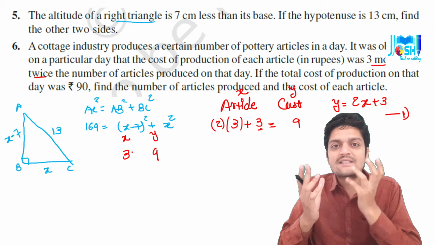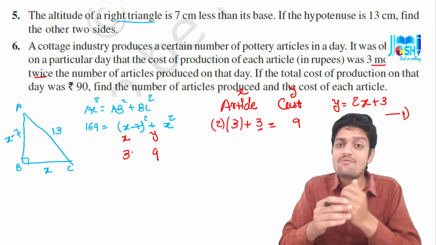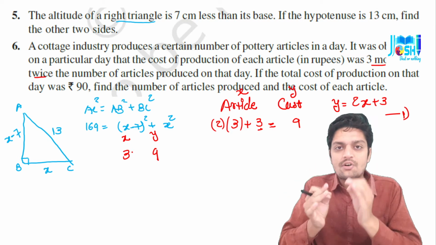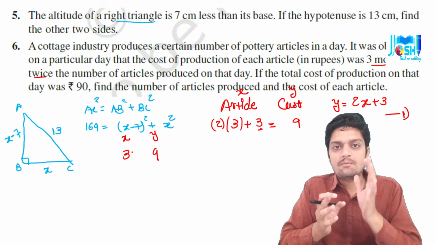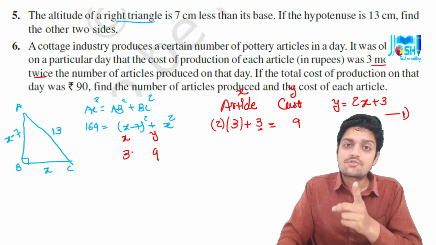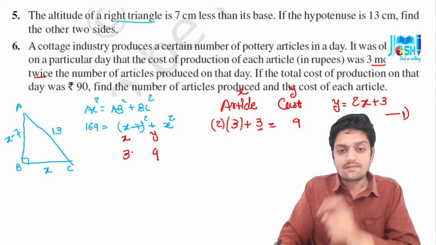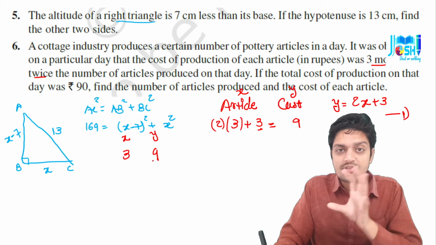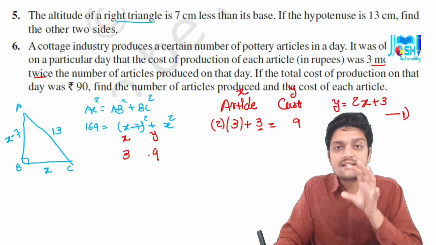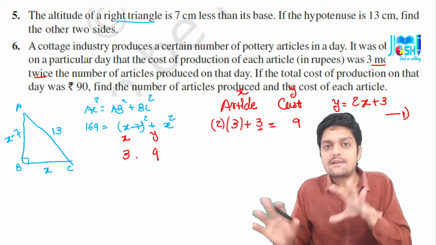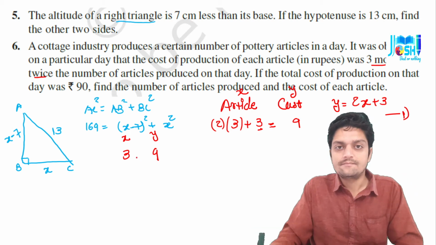Students cannot understand these things, and so the equations don't form. Total cost means the total number of articles per day into the cost of a single article. So for example, 3 articles are produced and each costs 9 rupees. So 9 3s are 27. So the total cost of that day for all articles is 27 rupees.